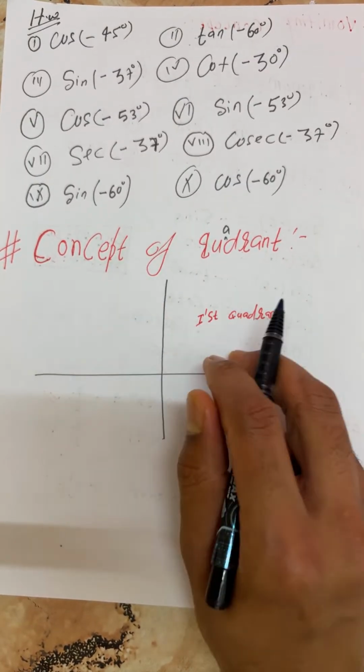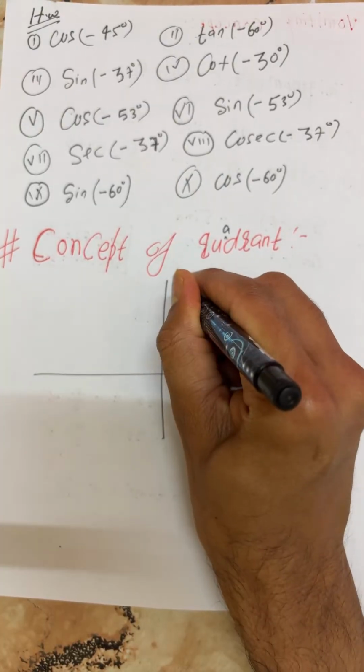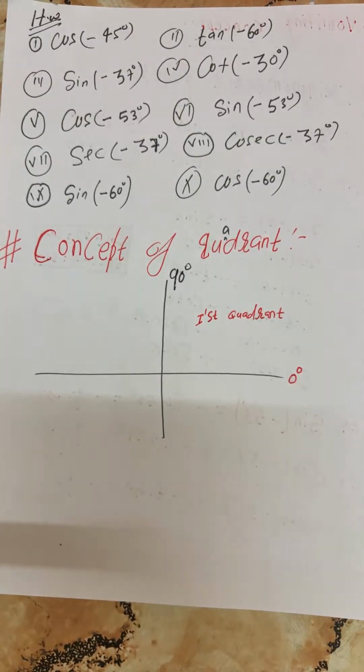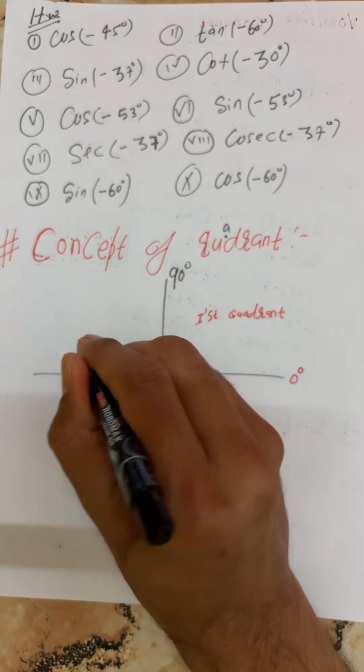Once you travel the first quadrant fully, the angle is 90 degree. This is 90 degree, first quadrant.